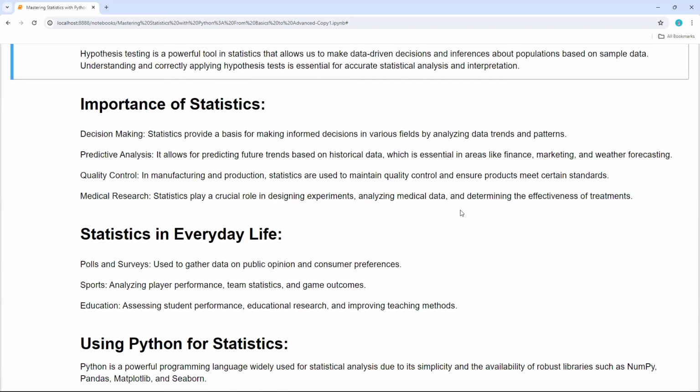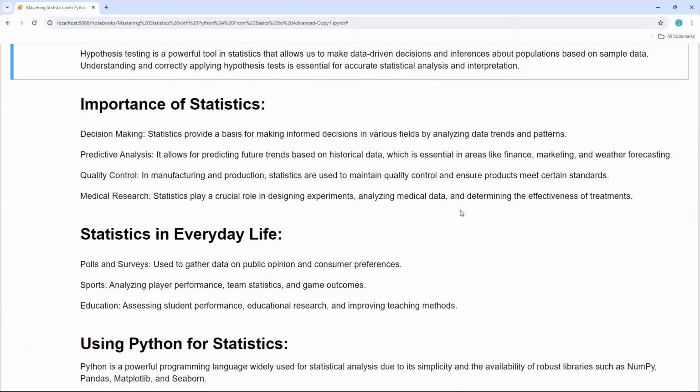In predictive analysis, for example, if I wanted to predict a future stock price or future house price, it allows for predicting future trends based on historical data, which is essential in areas like finance, marketing, real estate, or weather forecasting, where we can forecast tomorrow's weather based on historical data. And in quality control in manufacturing and production, statistics are used to maintain quality control and ensure products meet certain standards.